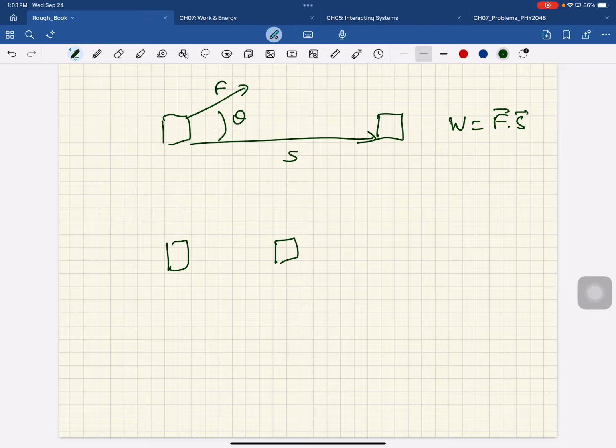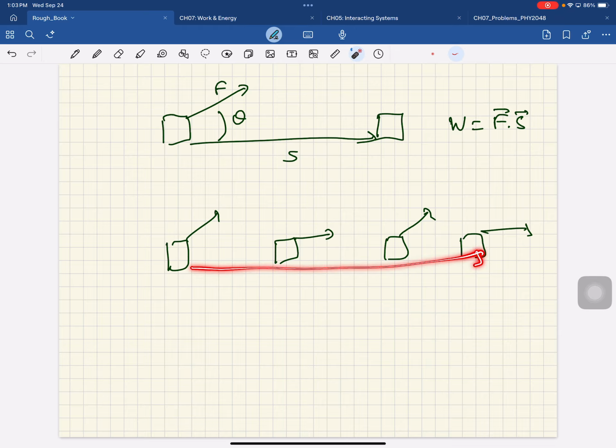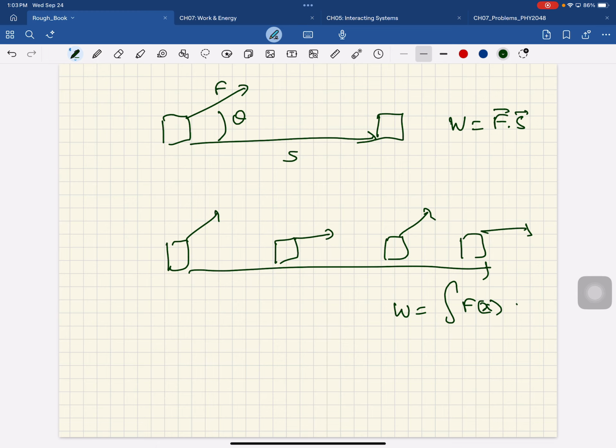Then we progressed to a varying force, but you're still moving in a straight line. And the work done was the component of the force along the displacement integrated over that.